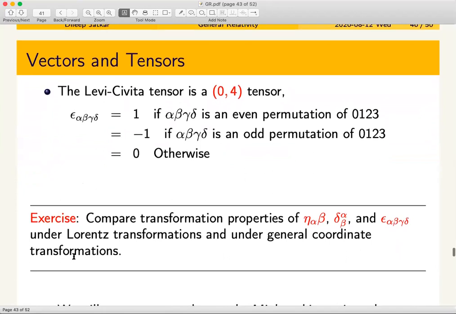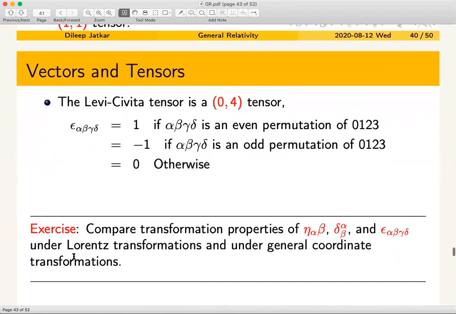So I want to leave you with one exercise, and that is to compare the transformation properties of eta alpha beta, I'm sorry, it should have been subscript, delta alpha beta and epsilon alpha beta gamma delta under Lorentz transformations as well as under general coordinate transformations. Check that eta with alpha beta downstairs is a second rank covariant tensor.